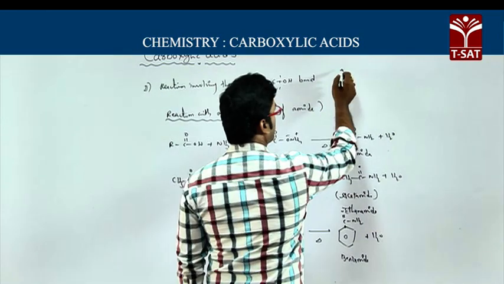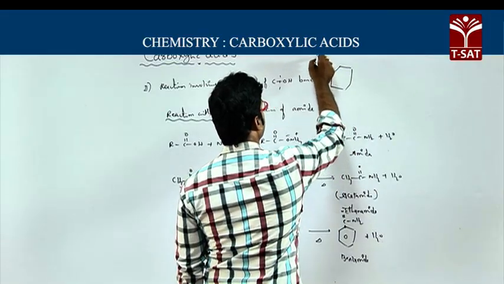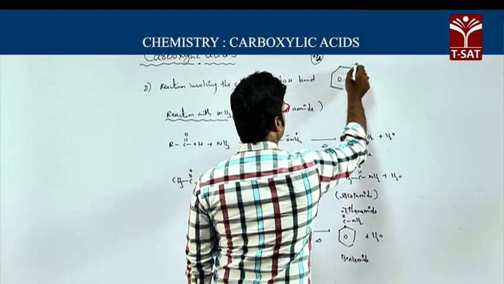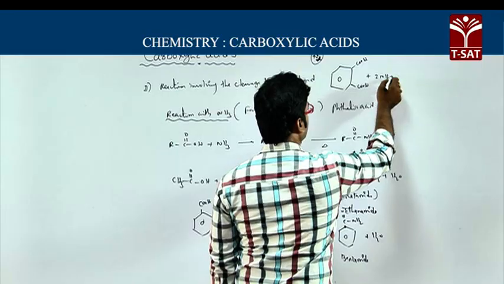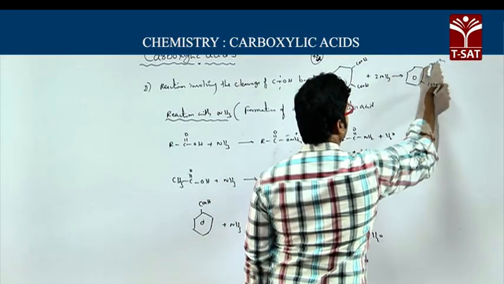Next, we will take phthalic acid. This is very important from the examination point of view. Say I have taken phthalic acid. This phthalic acid on reaction with ammonia gives a salt.